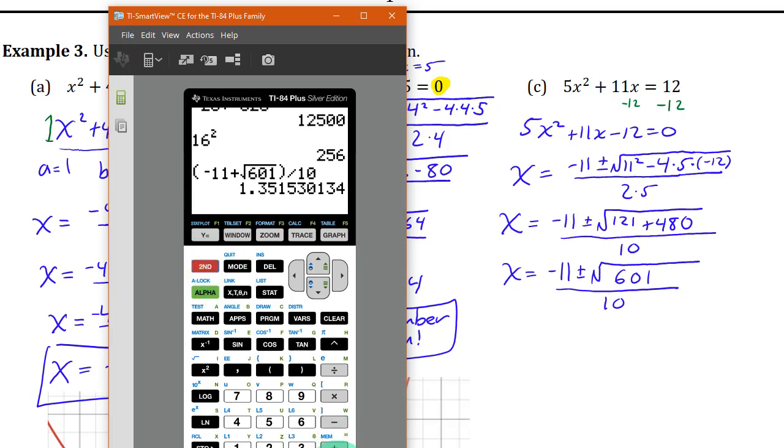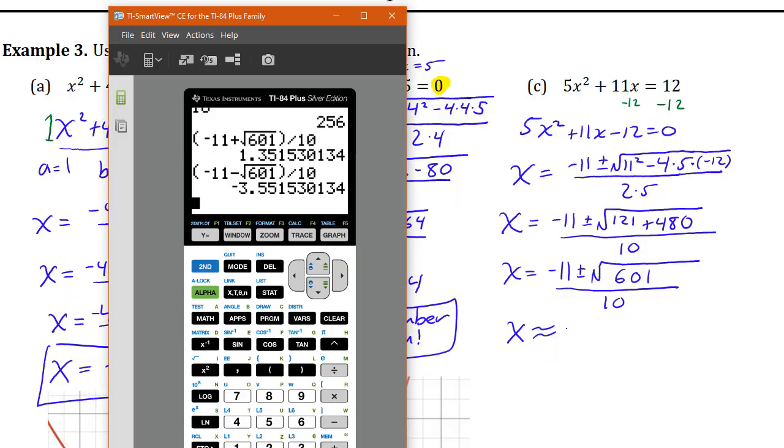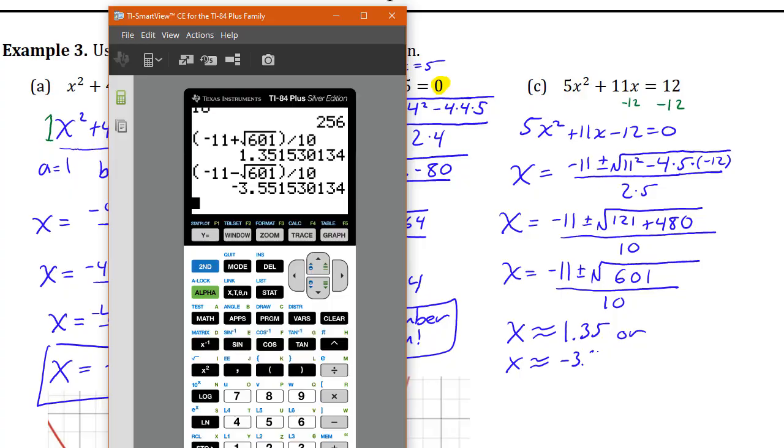And that's doing the plus version. You just have to hit second entry to bring this up again, where you can replace the plus with a minus, and you'll get negative 3.355. So that's a good decimal approximation of this. It was x is approximately 1.35, or x is approximately negative 3.55, yeah.